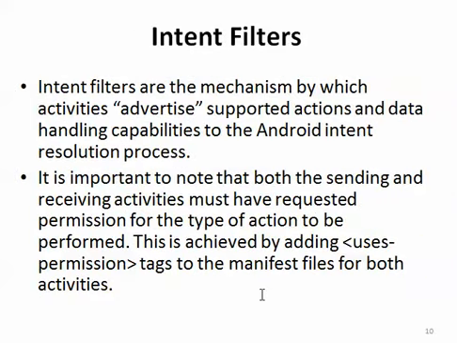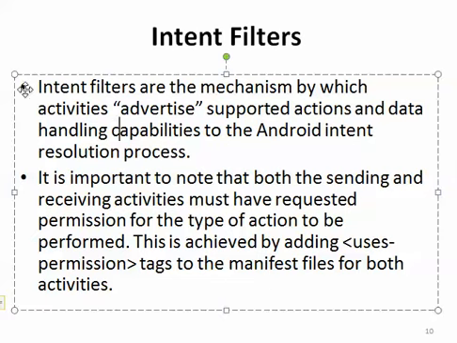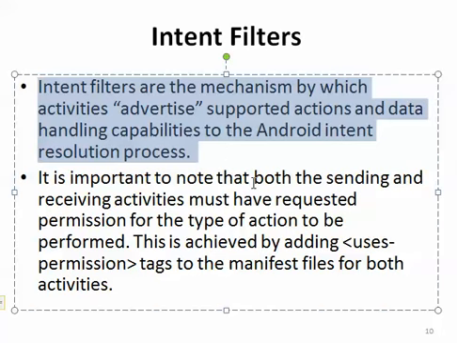And then there is something else about filters. Filters are the mechanism by which an activity advertises to other applications the actions that can be executed with a given activity.